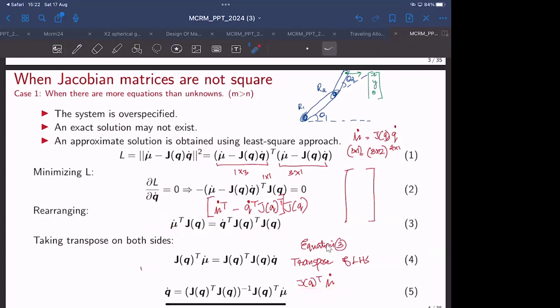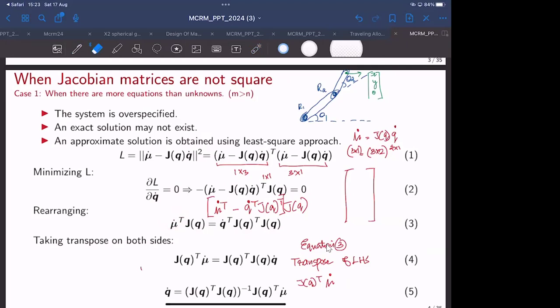Sir, that means for two matrices, (AB) transpose will be B transpose into A transpose? Yes. If you consider this as A and this as B, the transpose would be B transpose A transpose. So B transpose would be J of q transpose, and A transpose is mu dot transpose, the whole transpose. That will be mu dot itself. Right? So that is the left hand side.